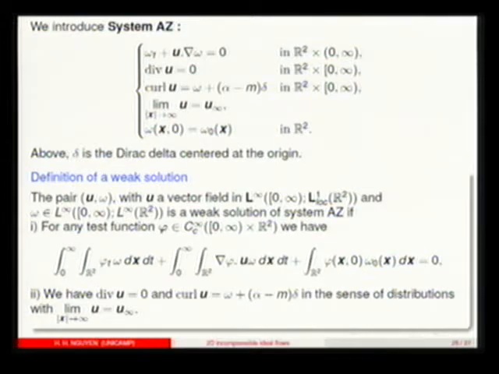With this test function we get the identity, and we need the divergence of u equal to 0 and the curl of u equal to this, in the sense of distributions.